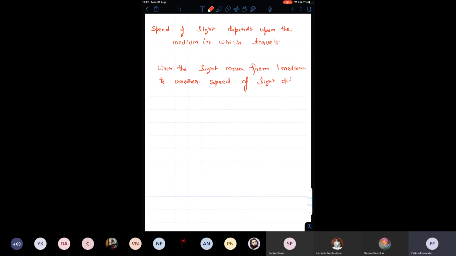As a result, the beam of light deviates from its original path when it passes from one medium to other.